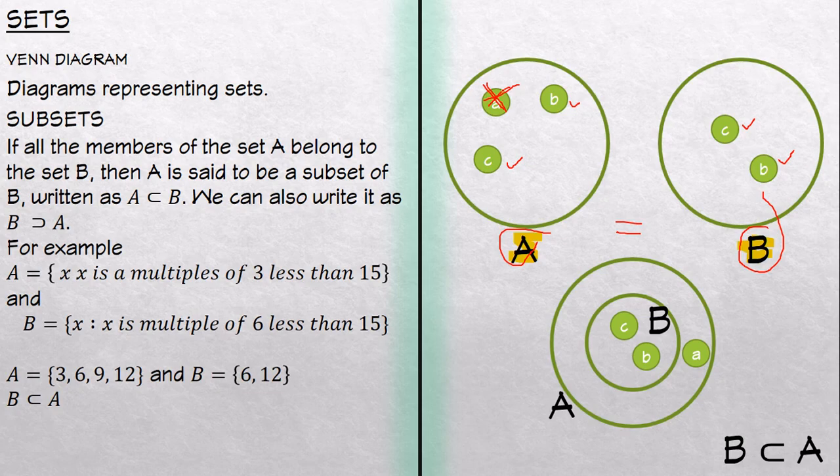So if we take off some elements from the set A, and we can have the set A to be equal to the set B, then we see that the set B is a subset of the set A. So you should have this definition in mind because I am going to use it later on.